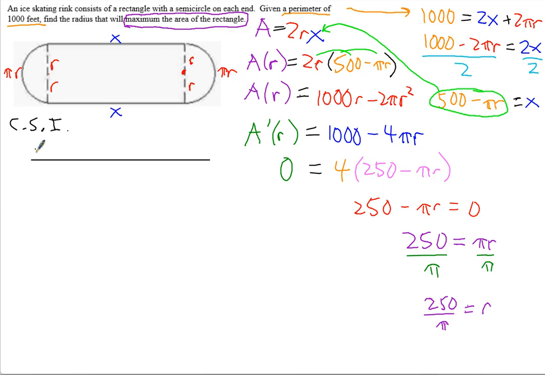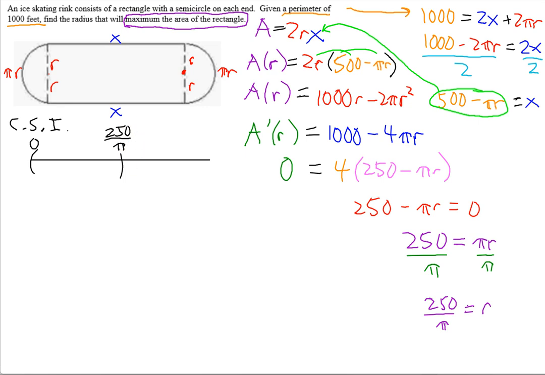So a lot of times, to show the lower boundary, we use 0 with parentheses. But in this case, we're given a perimeter of 1,000, but we don't know anything about what the radius could be at most. So there's not really a known upper limit for the radius. So we'll just put 250 over pi, our one critical number.